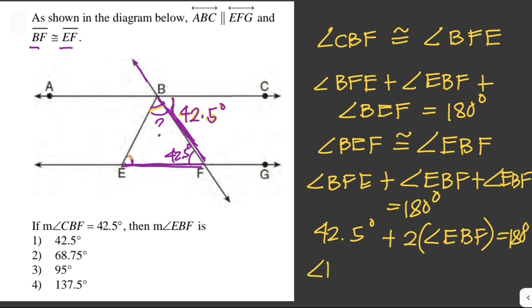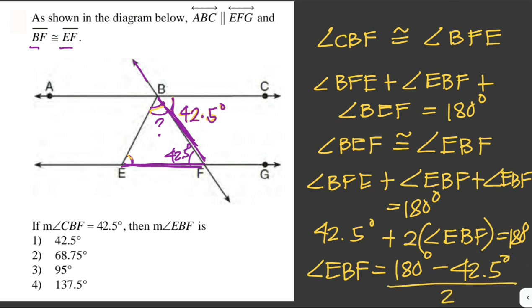Therefore, the measure of angle EBF is just equal to 180 degrees minus 42.5 degrees divided by 2. Therefore, the measure of angle EBF is just equal to 68.75 degrees. So the answer here is number 2.